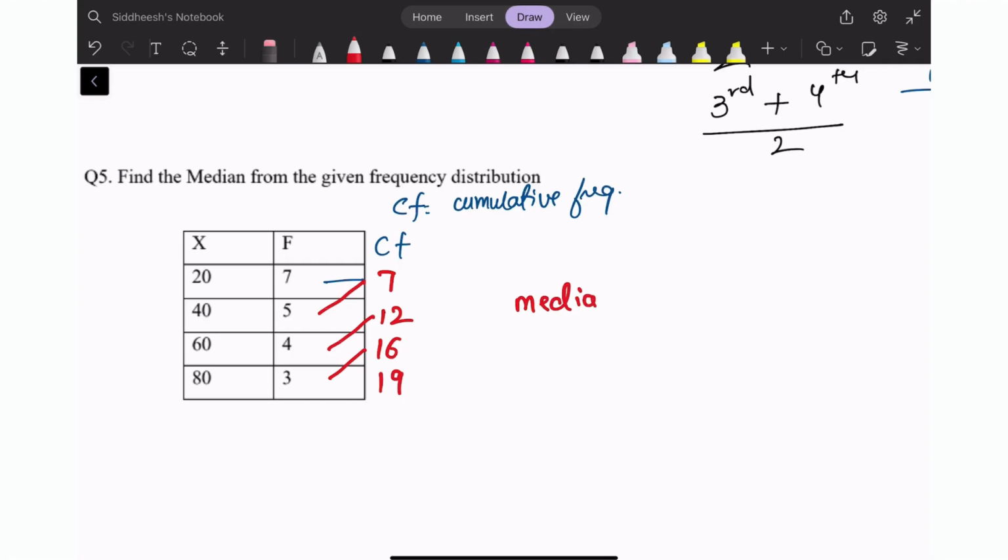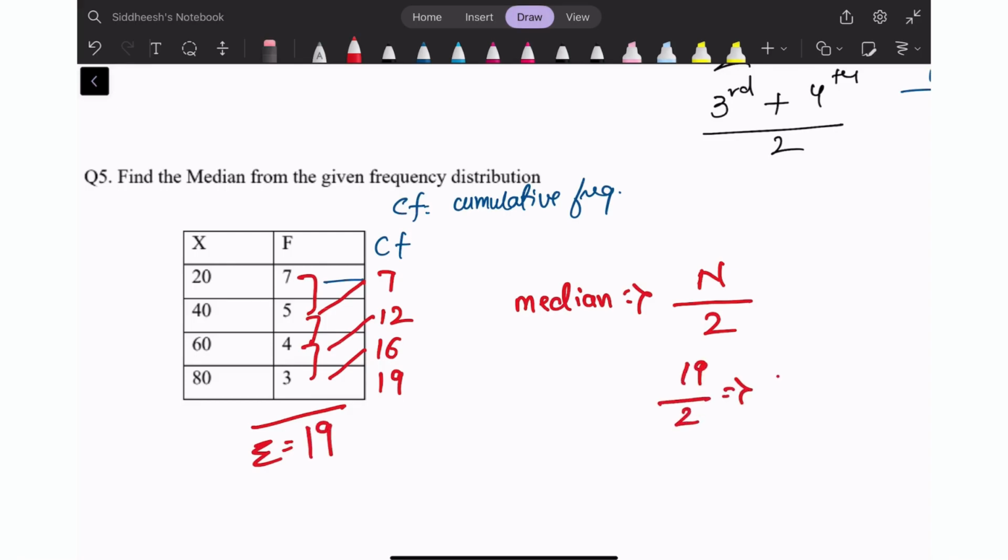Now how to find median? The formula is very simple. As per the definition, any number that can divide the data into two equal parts, that is n observation upon 2, correct? So our n, we need to find out. Just calculate it. Getting how much? 19. So 19 upon 2.